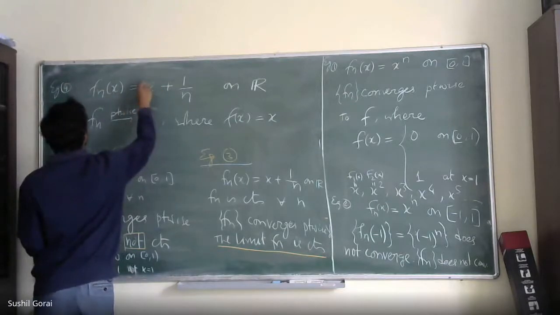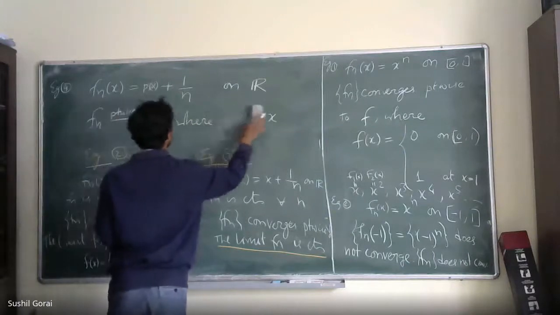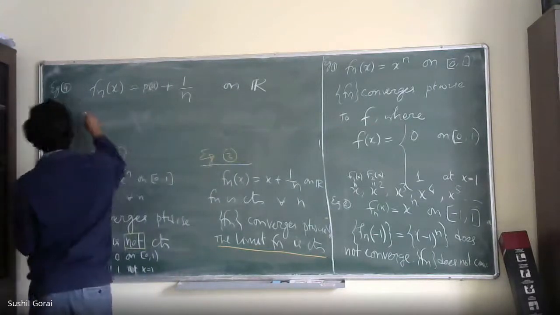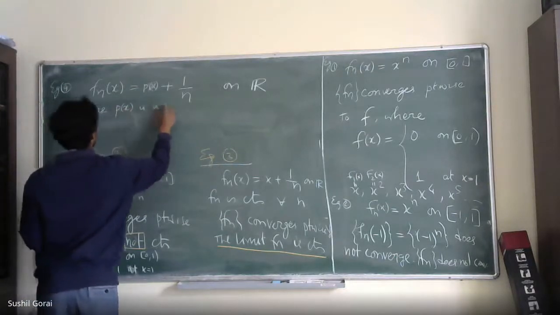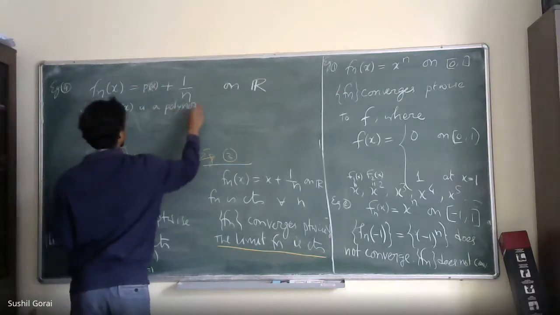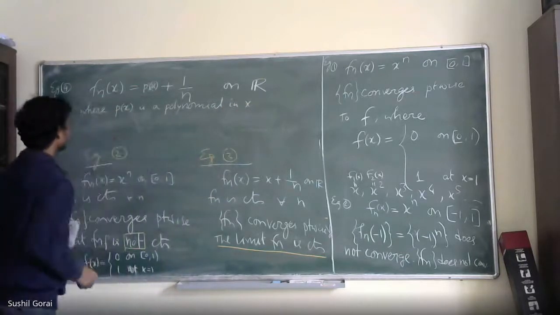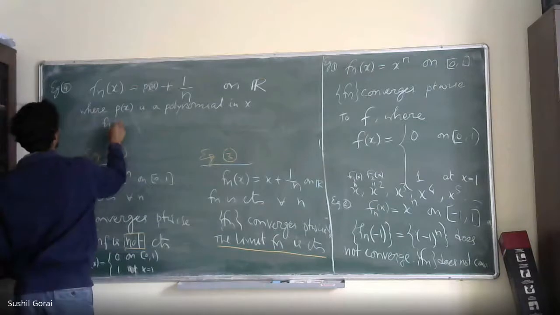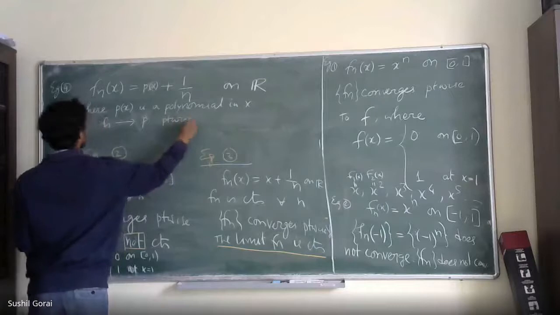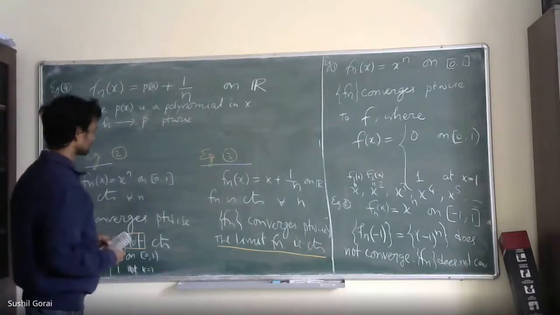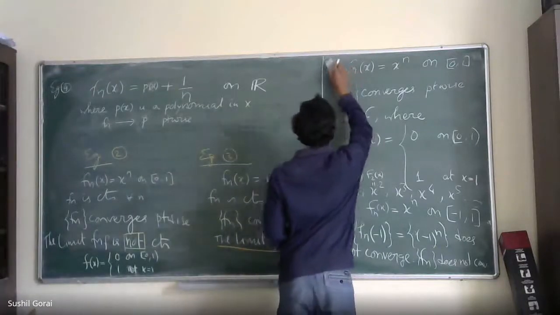Any polynomial, where P(x) is a polynomial in x. So fn converges to P pointwise. Yeah, let us do more examples. Even more.